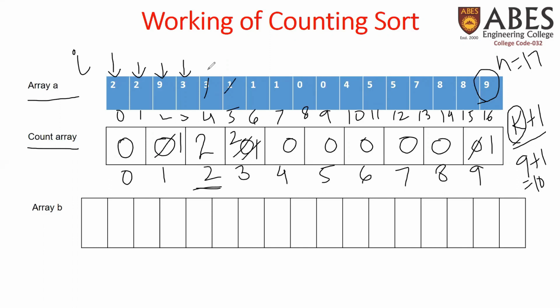We are just counting each and every key, which is the basic concept of counting sort. You need to count each and every key element. Again you are facing 1, update this value by 2. Again you are facing 1, update this value by 3.